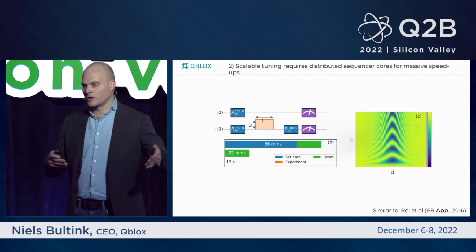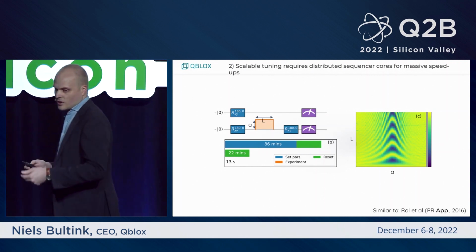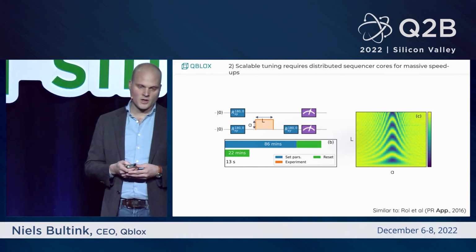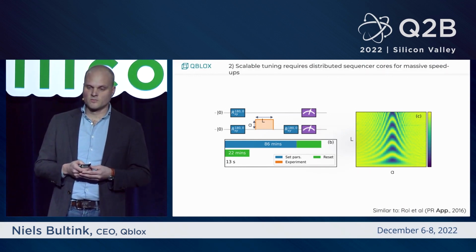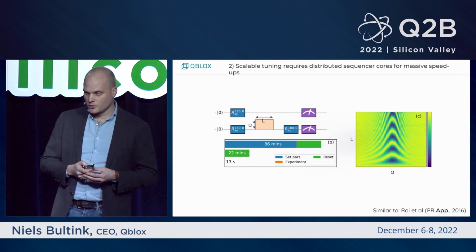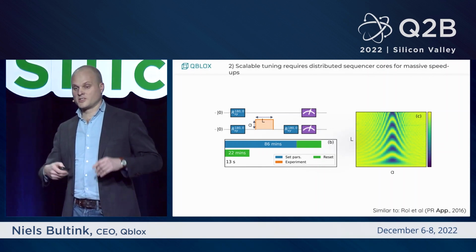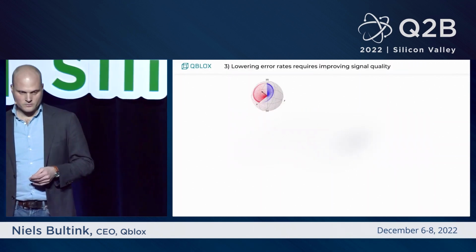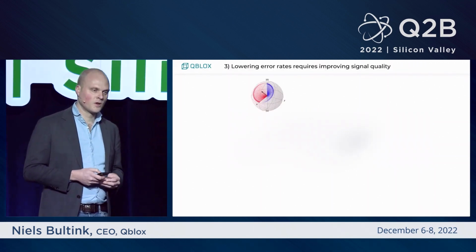So this is just one example of how these flexible sequencer cores can really make a big difference in tuning up quantum devices. And because it's distributed, you can run these experiments in parallel on all of your qubit pairs at the same time. That's what we call scalable tuning.